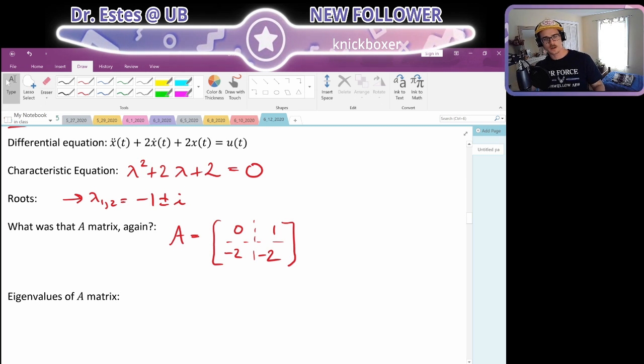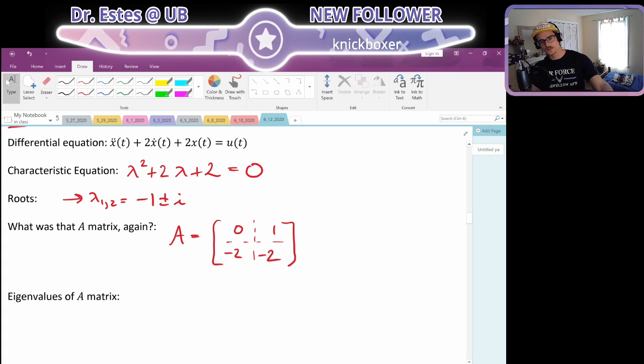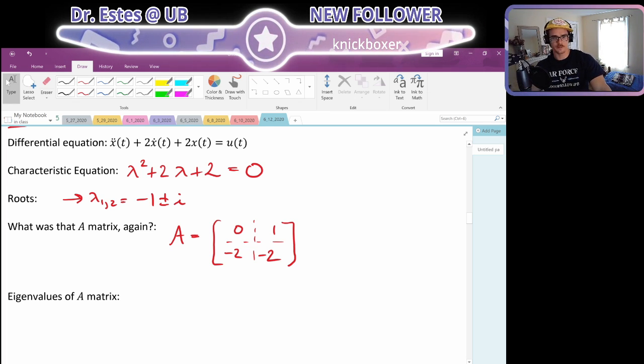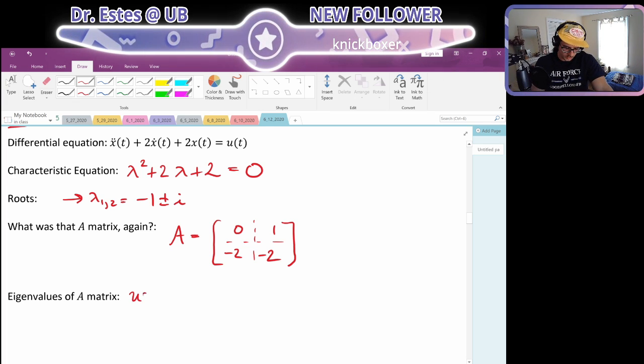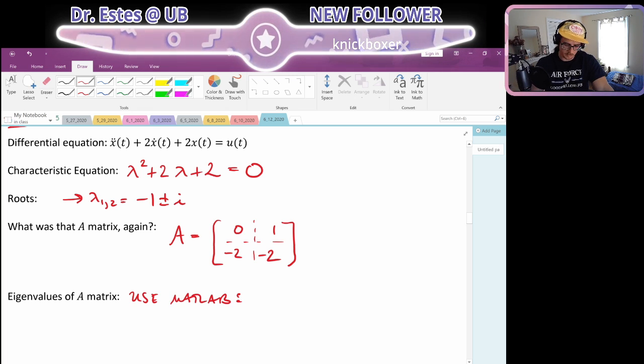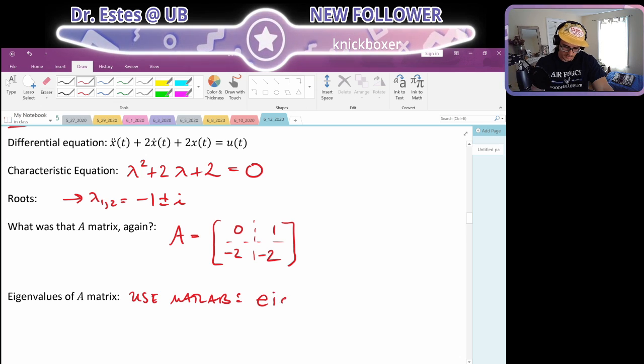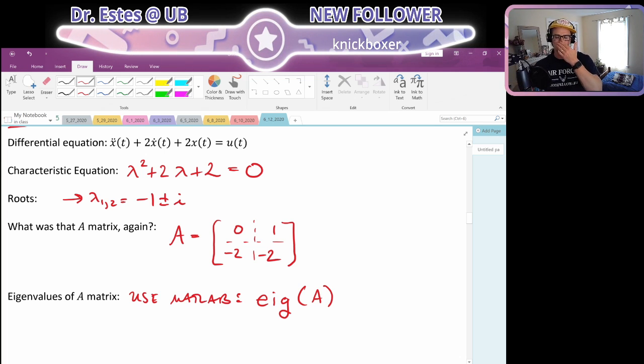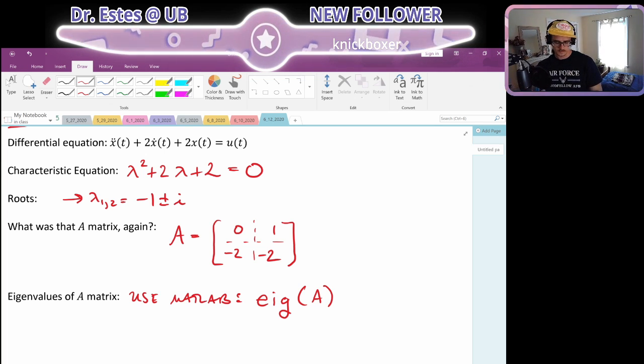Well, let's calculate the eigenvalues of the A matrix. We're not going to do that by hand in this class, so you can just breathe a nice sigh of relief. We're going to use MATLAB. And the command in MATLAB is eig of A. So let's go do that.